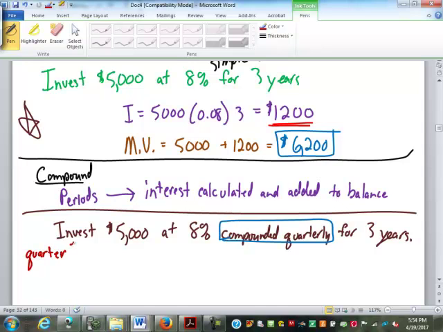So quarter 1, finding our interest and our balance.